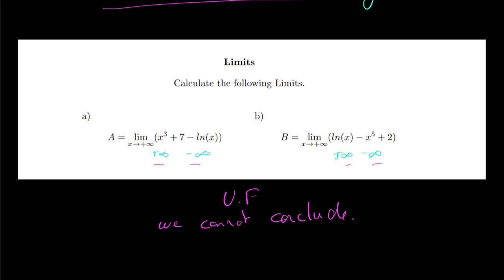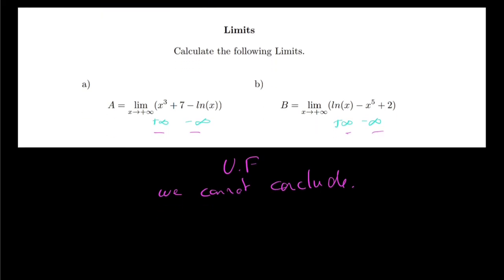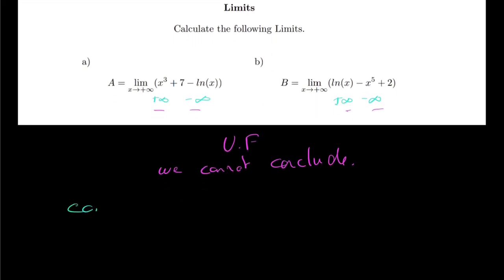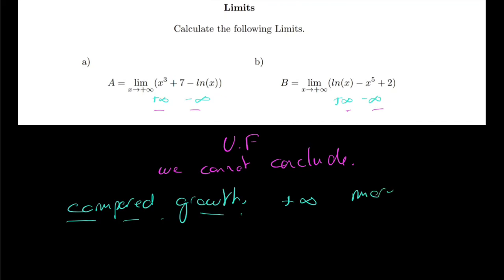But we will use the help of something called compared growth, which is basically saying that at plus infinity, this thing is more powerful and will have more influence than some other thing.